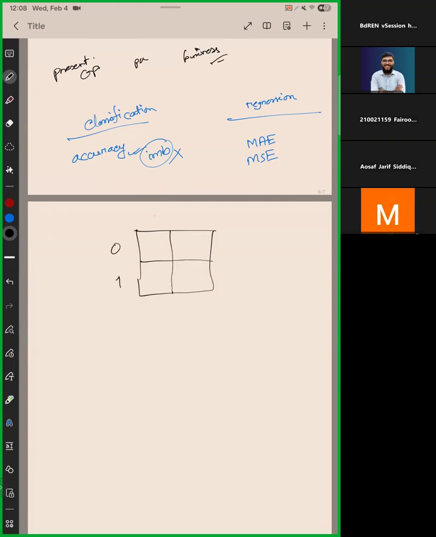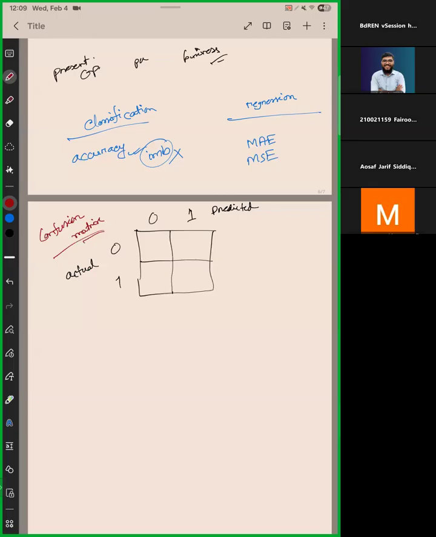0, 1, 0, 1. This is your actual, this is your predicted. This matrix is called a confusion matrix, the same as the cost matrix we used before. This is going to be a little bit confusing, so try to understand.